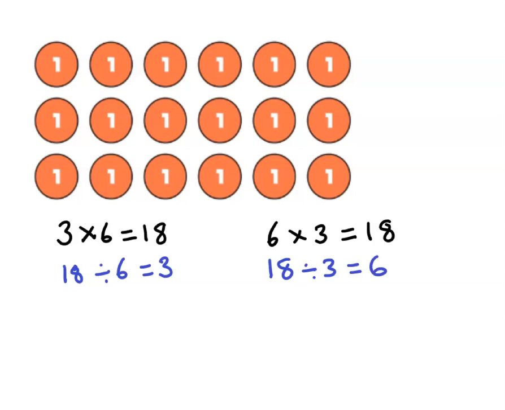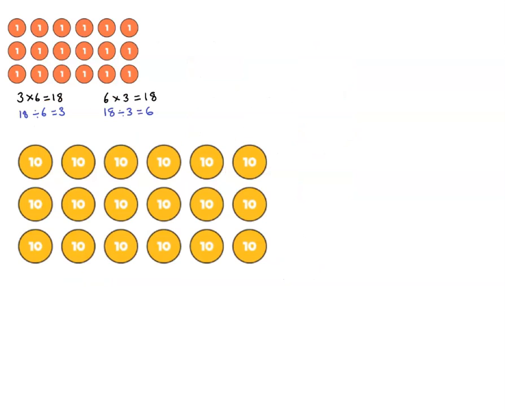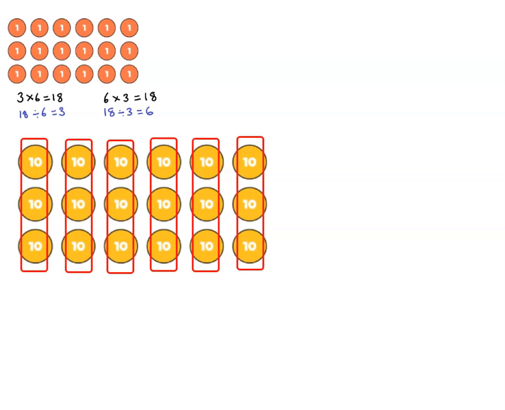Let's see how these facts help us further. How does this help us? Well, here there is an array made out of 10s. In each column there are 3 10s, and there are 6 columns. So 3 10s times 6 is equal to 18 10s.